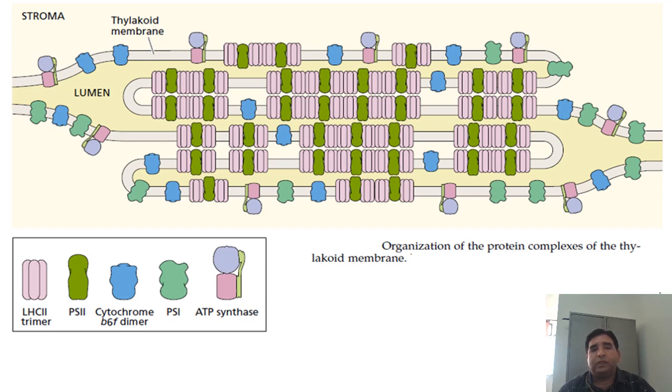These proteins act in structural as well as functional roles in different types of reactions. Here are the light harvesting complex 2, photosystem 2, cytochrome b6f, photosystem 1 and ATP synthetase. These are shown here at different places.